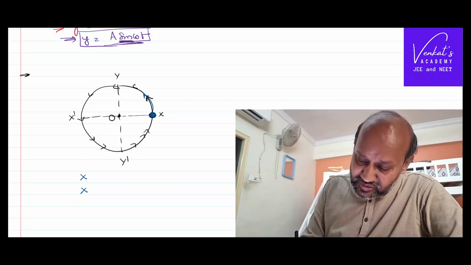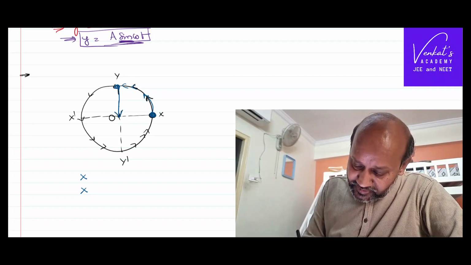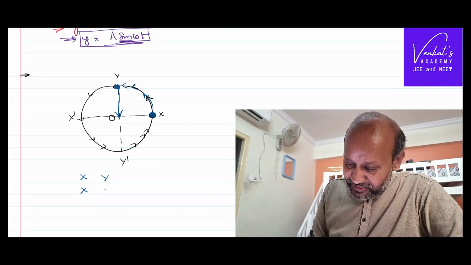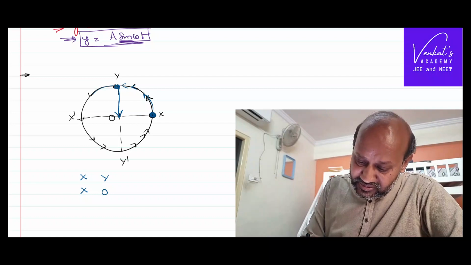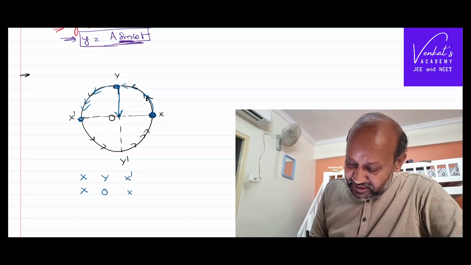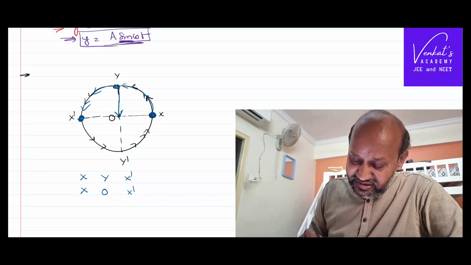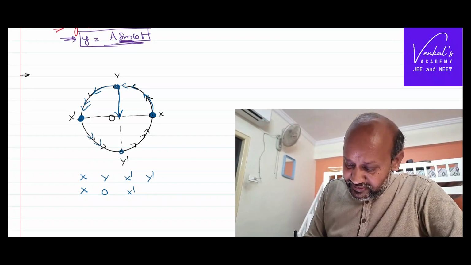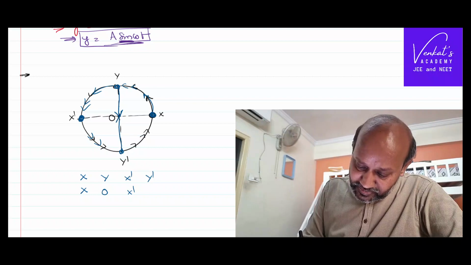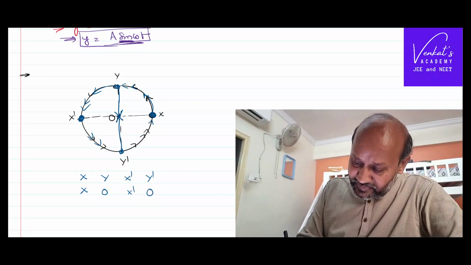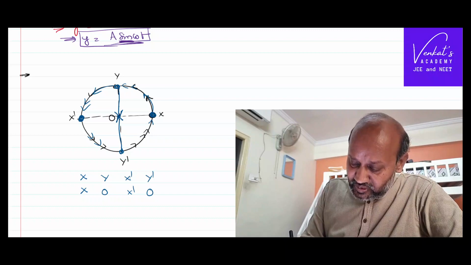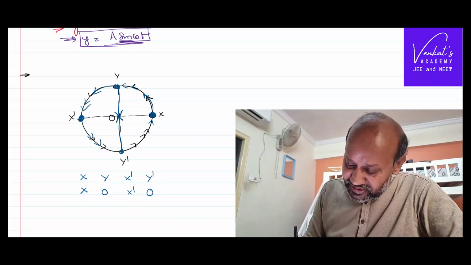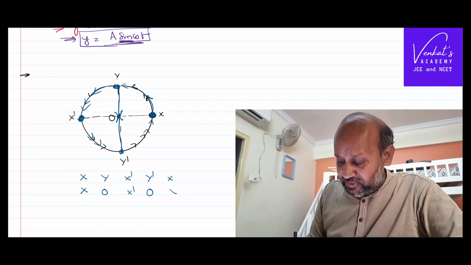So when the body moves and comes to y, its projection comes to the origin. When the body comes to x dash, again the projection is at x dash itself because x dash is on the x-axis. When the body comes to y dash, its projection is back at the origin. When the body goes to x, its projection is at x itself.